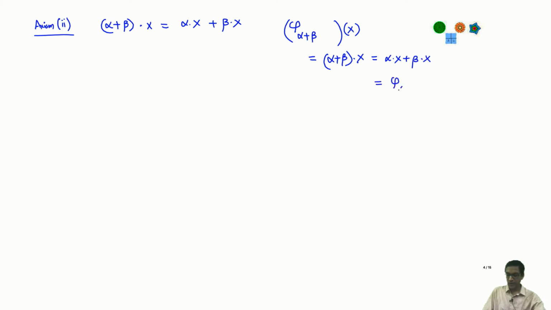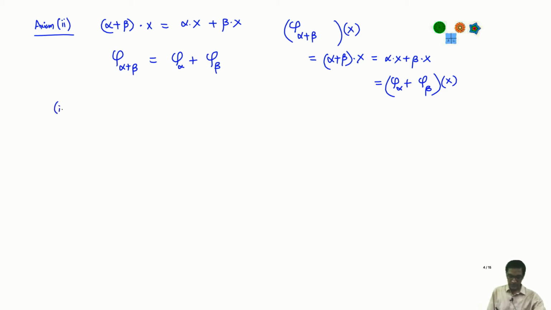In other words, it's the pointwise sum of these two endomorphisms, and this is true for all x. So another way of restating axiom 2 is to say that this map phi alpha plus beta is the sum of these two maps, phi alpha plus phi beta. It's the pointwise sum.